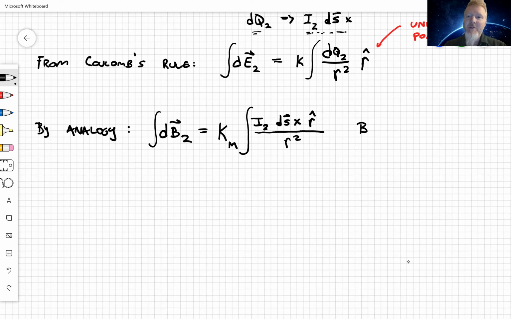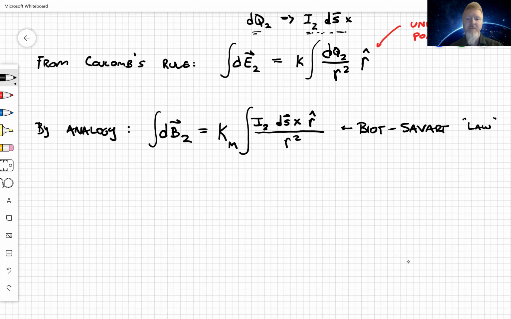This is known as the Biot-Savart law, but again, it's just kind of a rule. It's the law of Biot and Savart. They were French physicists, I was about to say who did such great work, but actually I know absolutely nothing about Savart.